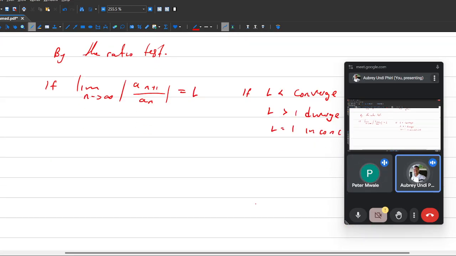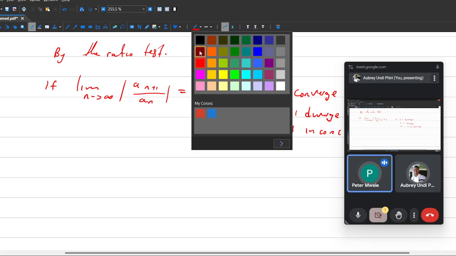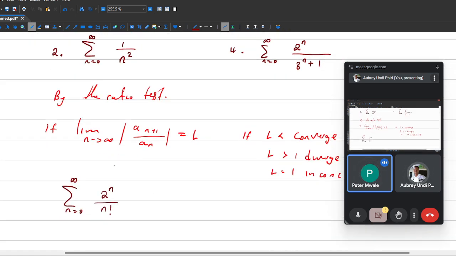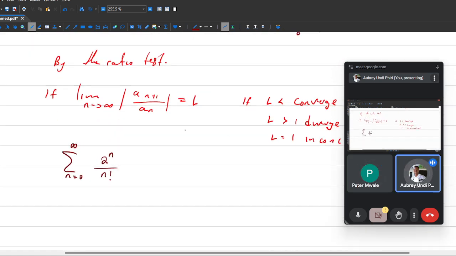That's when you start your test. So now in our case, for all the questions, this is the same outline I want you to be taking. So we have 2 to the power n over n factorial. Then what is our a_n in this case?